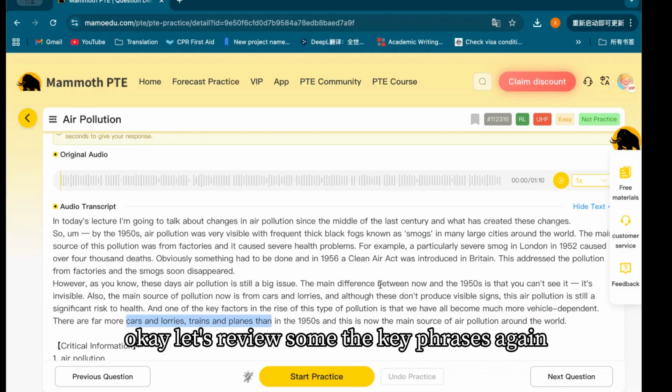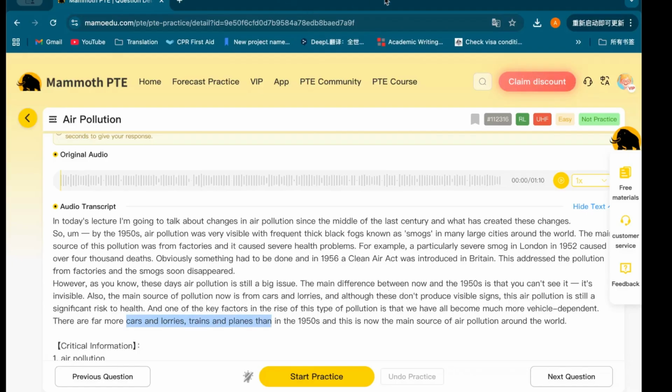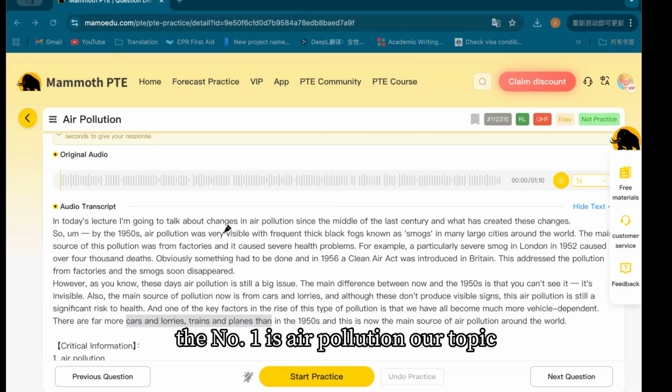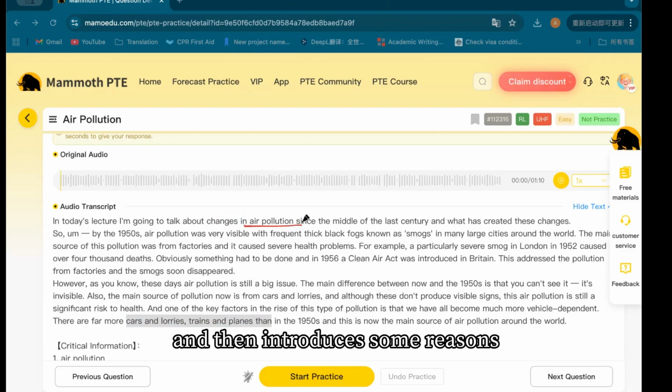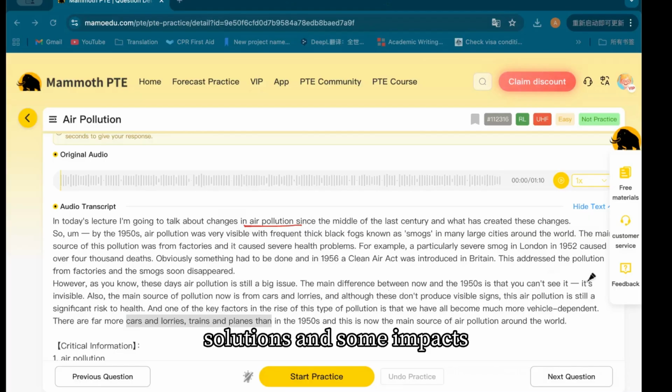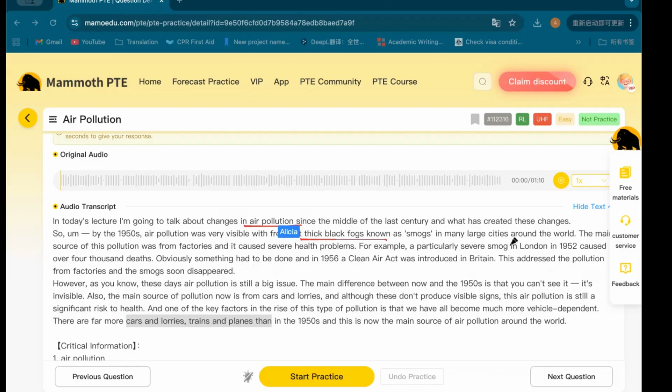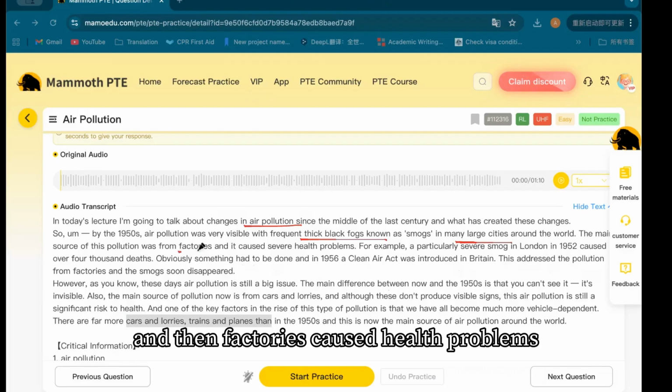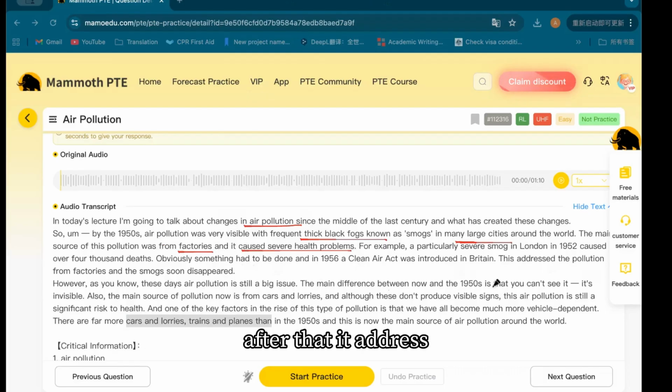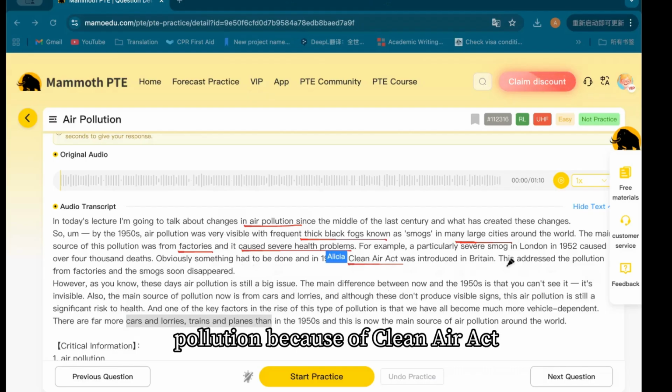Okay, let's review some of the key phrases again. Number one is air pollution, our topic, and then it introduces some reasons, solutions, and some impacts. First one is thick black smoke, places, large cities. And then factories caused health problems. After that, it addressed pollution because of the Clean Air Act.